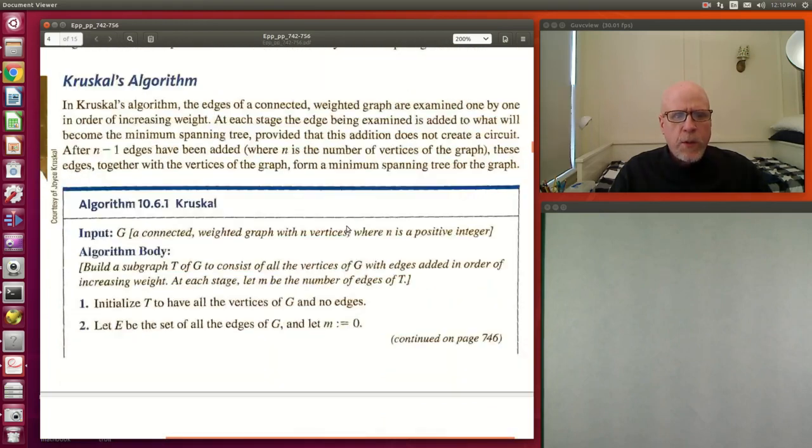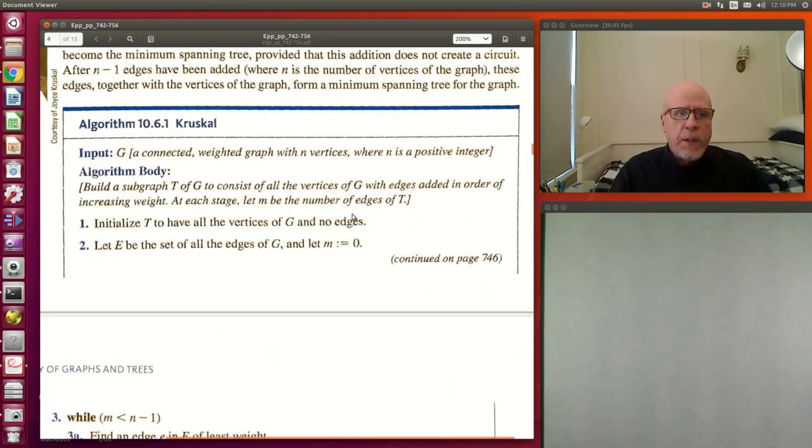Okay, so here's Kruskal's algorithm actually spelled out in detail. Unfortunately, it breaks a page, but we'll deal. So our input is a connected weighted graph G with n vertices, and obviously n has got to be a positive integer. It's counting the number of vertices. Here's the body of the algorithm. We'll initialize T to have all the vertices of G and no edges.